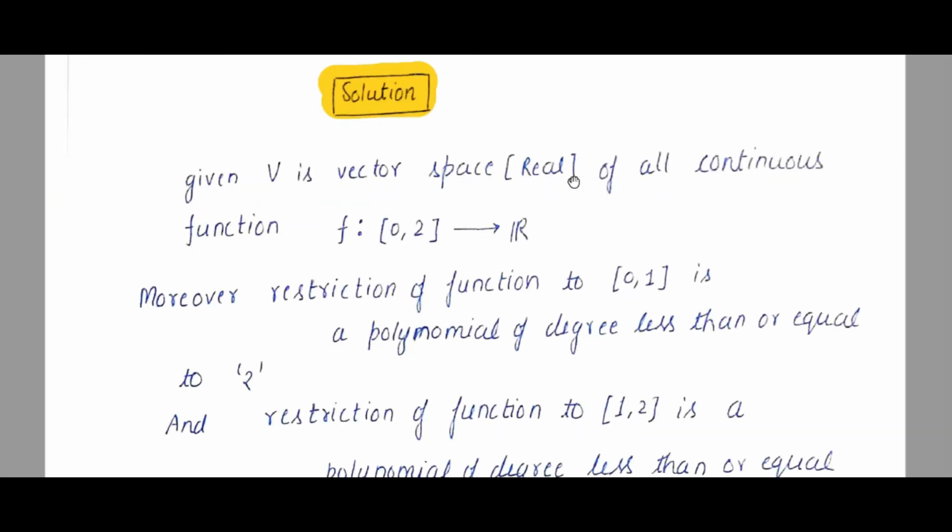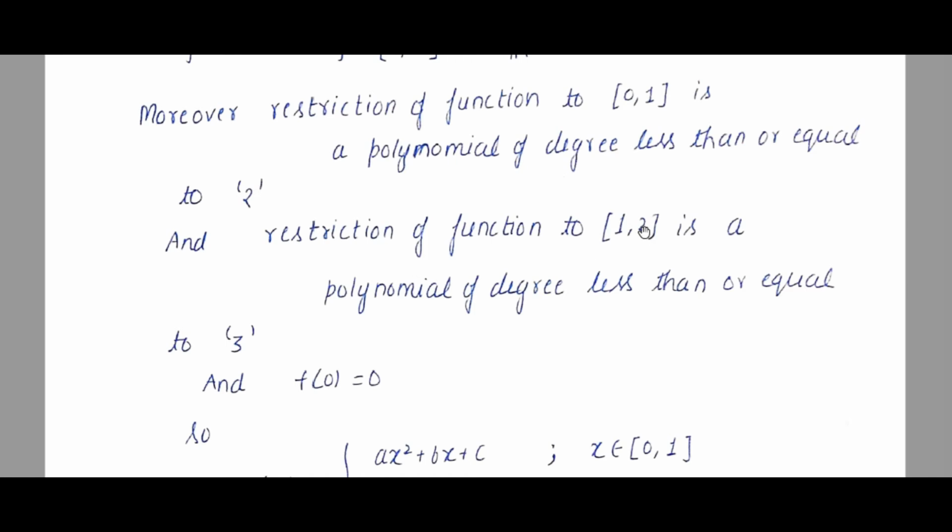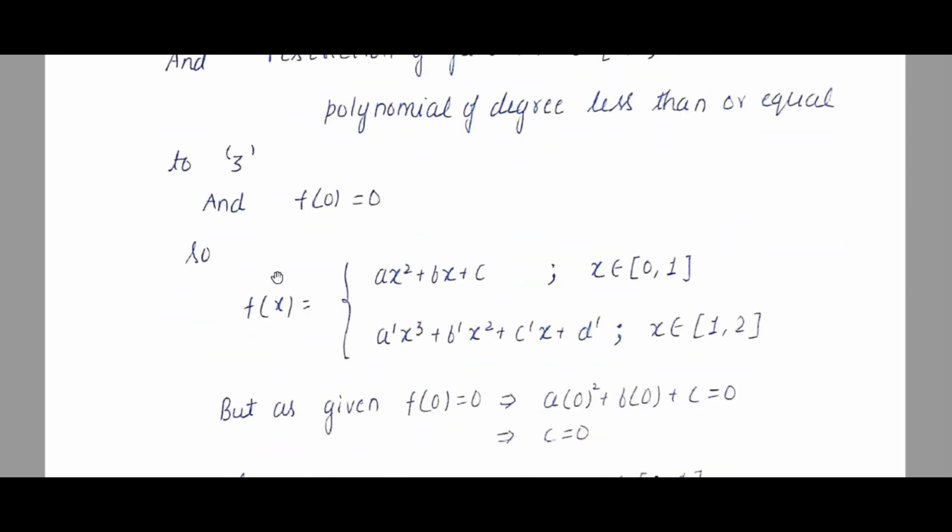Here, V is a real vector space of all continuous functions f from the closed interval [0, 2] to R. Moreover, the restriction of the function to [0, 1] is a polynomial of degree less than or equal to 2, the restriction to [1, 2] is a polynomial of degree less than or equal to 3, and f(0) = 0.